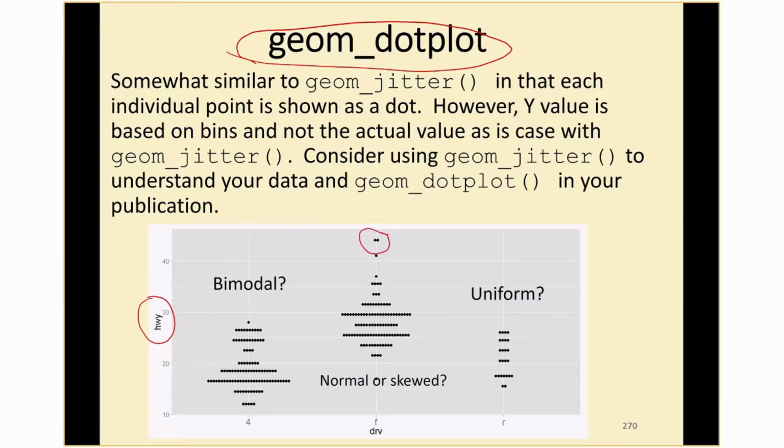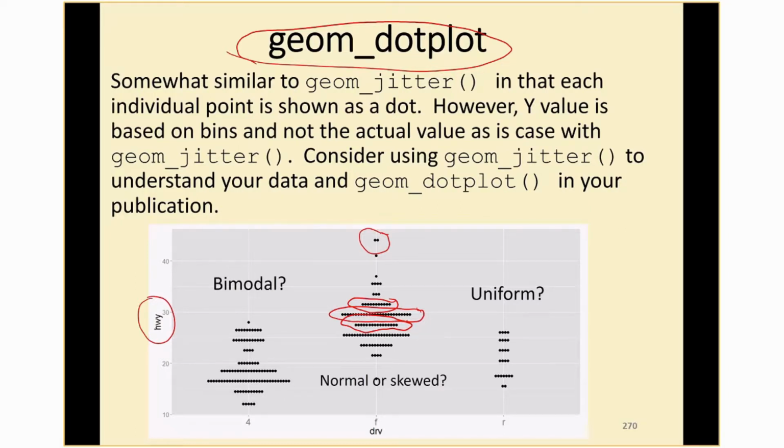On the other hand, there is some loss of information relative to geom_jitter in the sense that bins are created. So there's a bin created there with a number of observations, and a bin created there with each dot representing a single observation, and the same thing here. So there is some information loss.